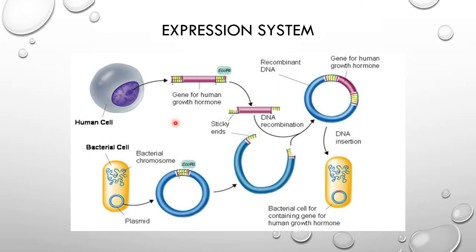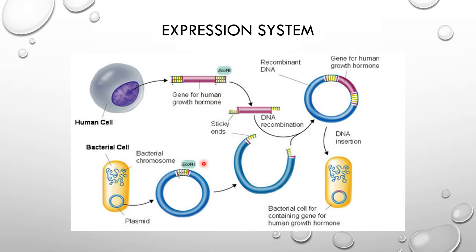Then there is a bacterium from which we isolate a plasmid, and we also cut the plasmid at the specific sequence with EcoR1. These are basically the enzymes.